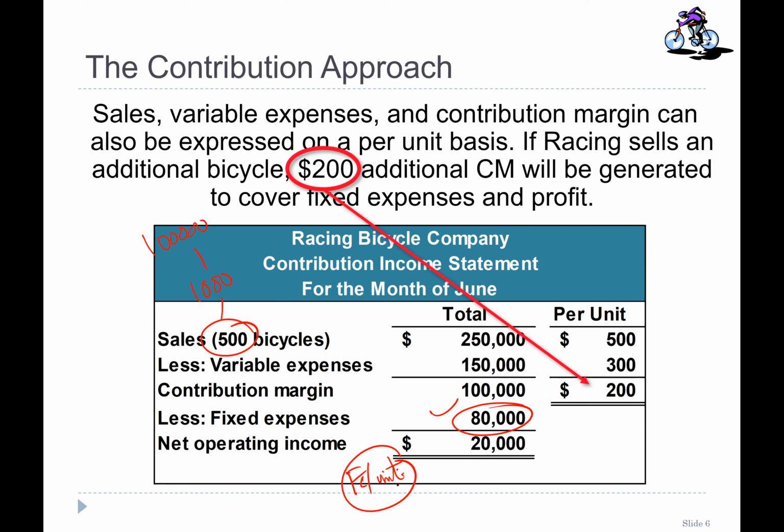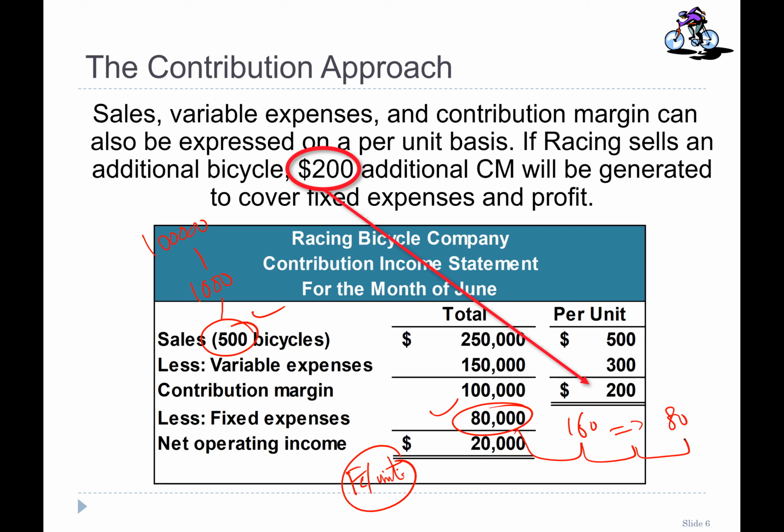Using 500. What if we produce 1,000? The answer would be 80, right? So the behavior of fixed cost is not constant per unit.